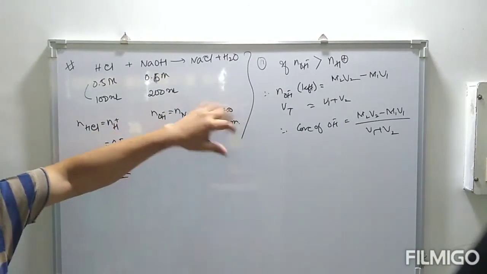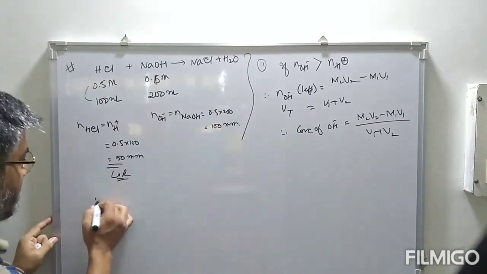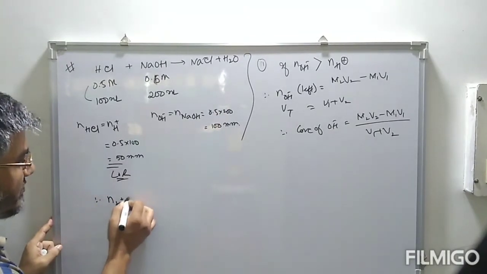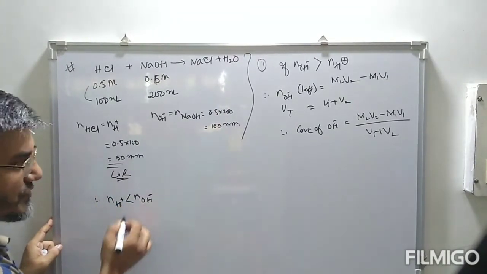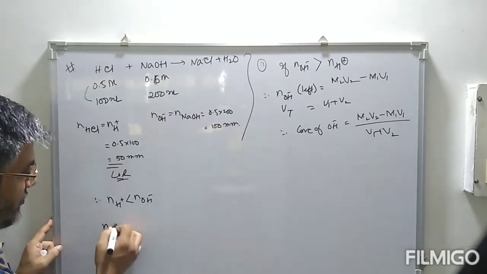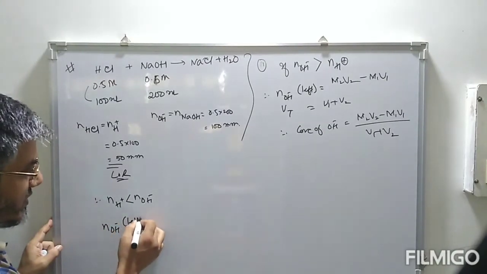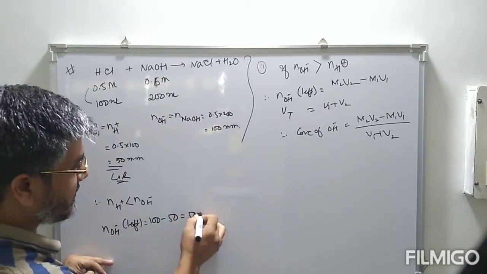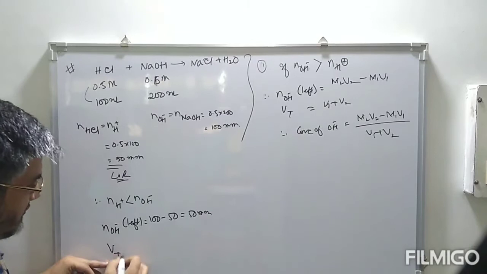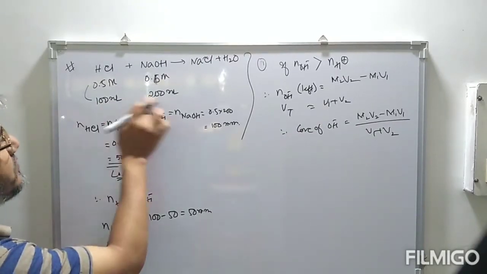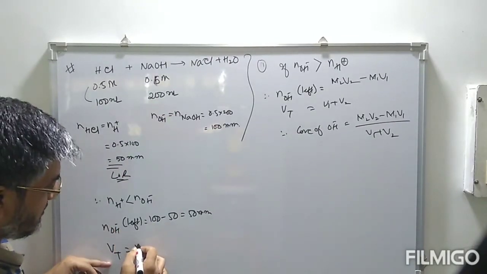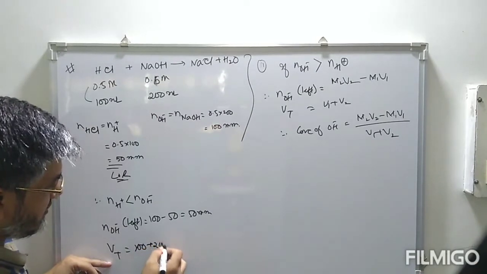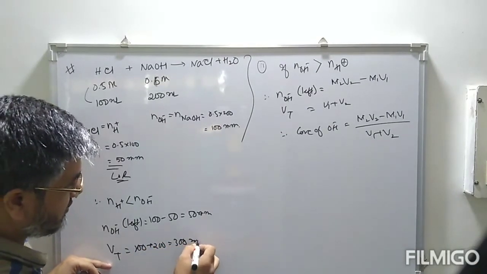Something is left unreacted. Therefore, the number of moles of H plus ion is less than the number of moles of OH minus ion. So the number of moles of OH minus ion left unreacted is 100 minus 50, that is 50 millimole. Total volume of solution is 100 plus 200, that is 300 ml.